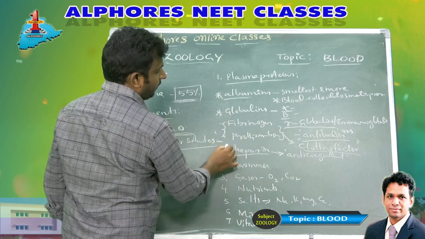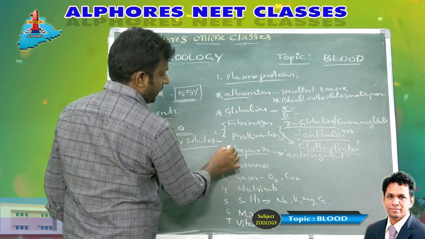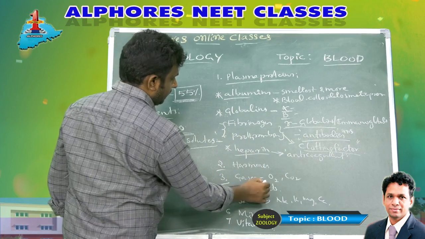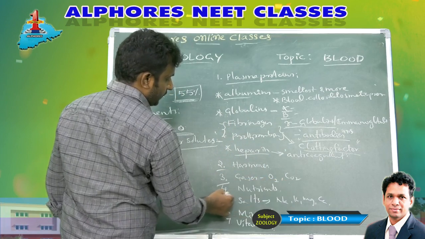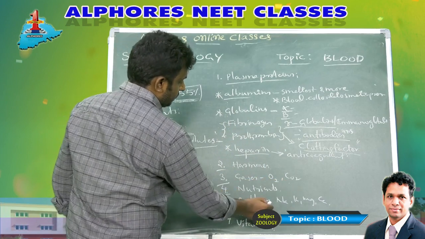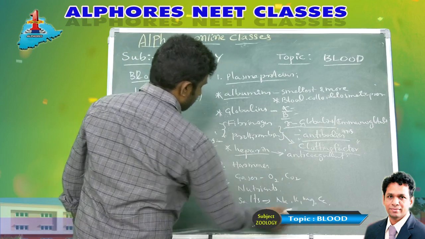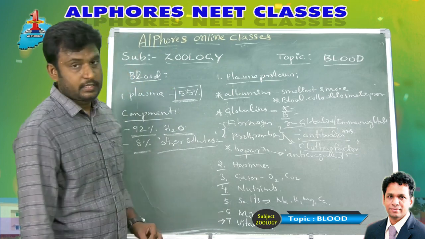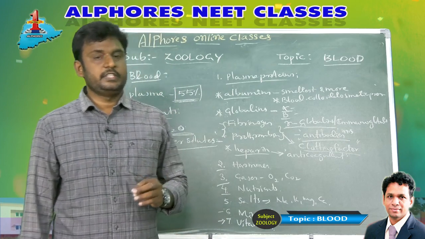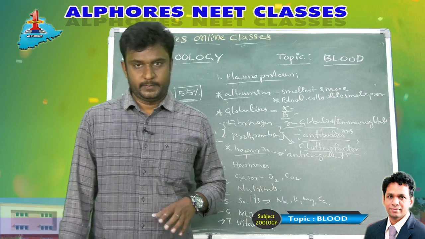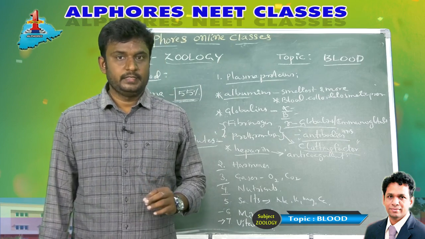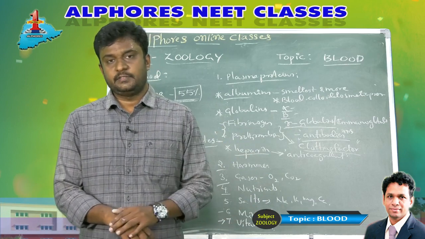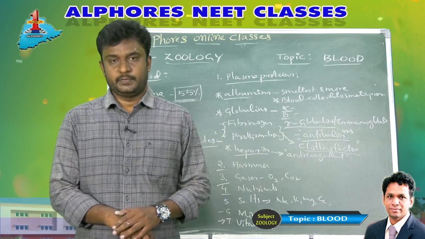Fibrinogen and prothrombin are the clotting factors. Heparin, anticoagulant. Hormones, gases like oxygen and carbon dioxide. Then nutrients. Then salts like sodium, potassium, magnesium, calcium. Then minerals and vitamins. All these are the solutes which are present in the plasma of blood.